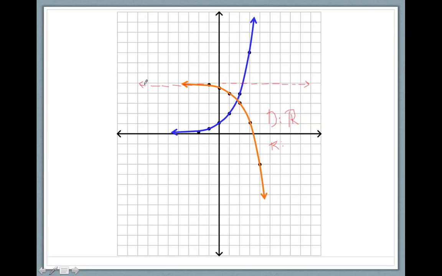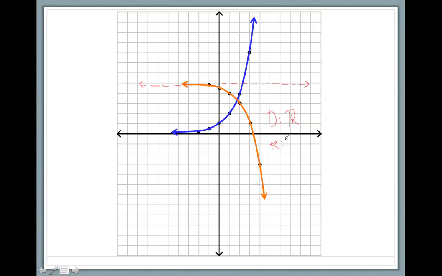But on which side of that line are we this time? Well, this time we're below that line because of the a value of -1. When we reflected our graph, then that means we end up below the asymptote line rather than above it.